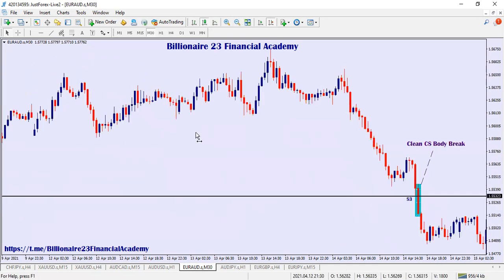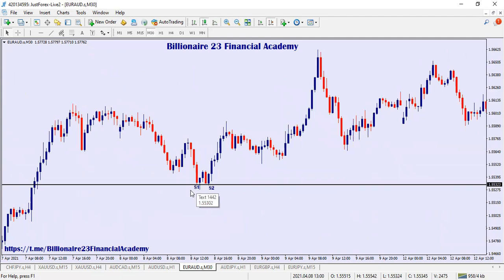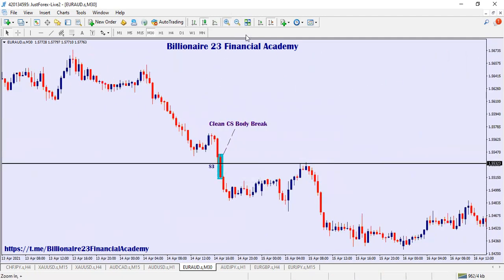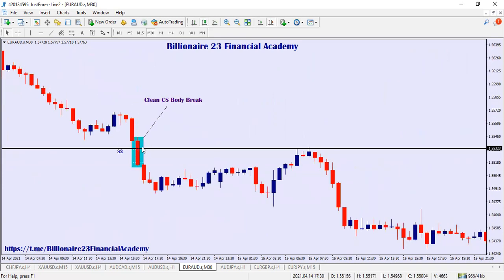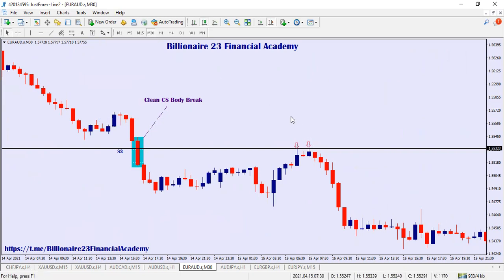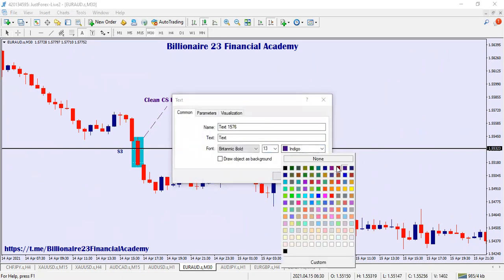So before we go into resistance, we had support touch 1, support touch 2, valid support area, support touch 3, right? Clean candlestick body break, price went down. Now to signify that we have swapped from support to resistance, we have resistance touch 1, resistance touch 2.